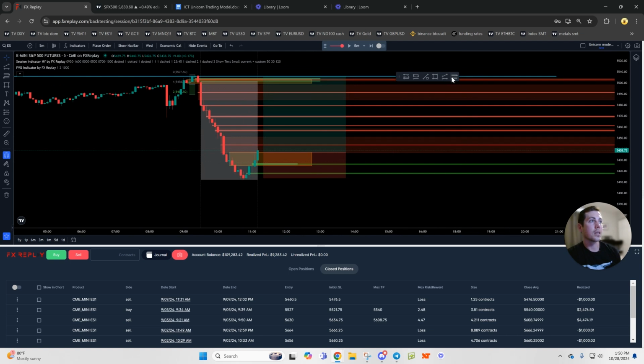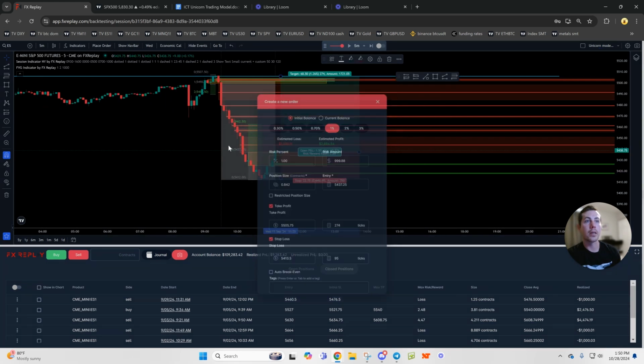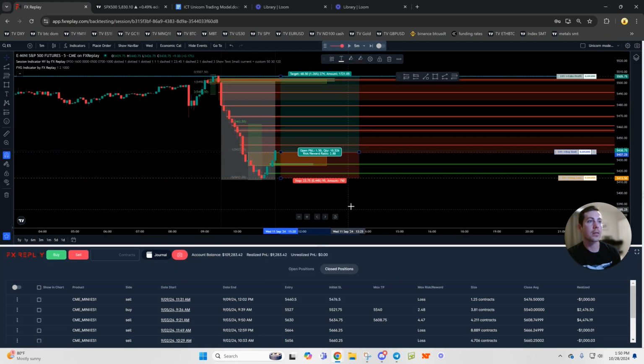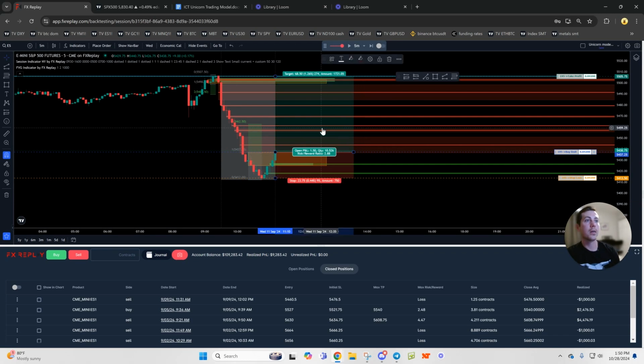You can do the standard deviation measurements from the manipulation leg, and it's about the midway point roughly. So this is probably a trade that we should capture for the analytics because it is a valid unicorn model. Let me just make sure that it's finished before the end of the day. Yeah, the end of the day was quite a bit later.